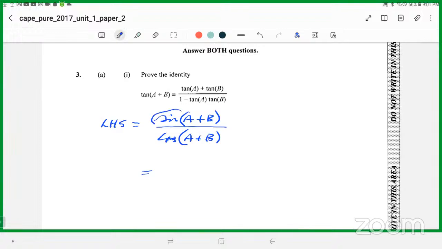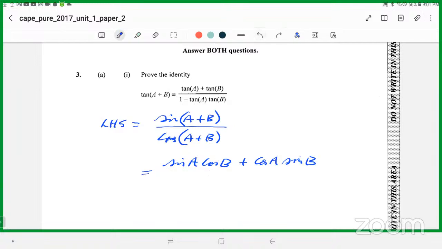When you expand the sine compound angle, you get sine cos, cos sine. So you're going to get sine A cos B, since you have a plus, a plus in the expansion of a sine. So sine, cos, cos, sine: cos A sine B. And the A B following the same order, A B, A B.